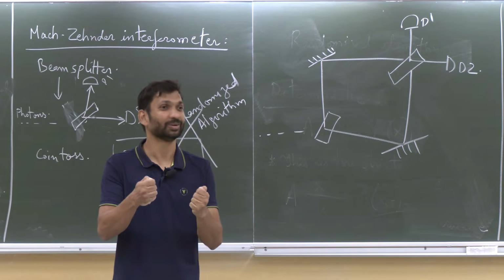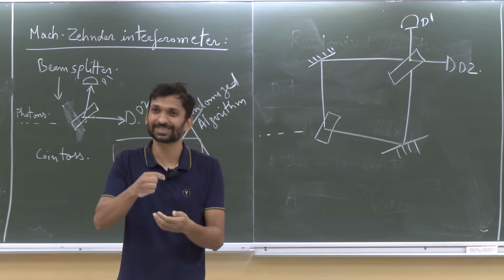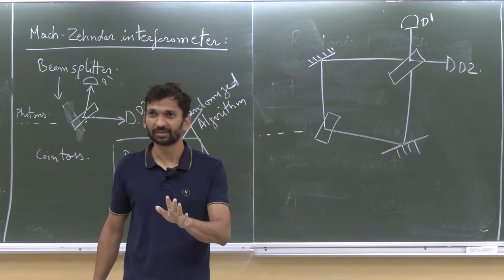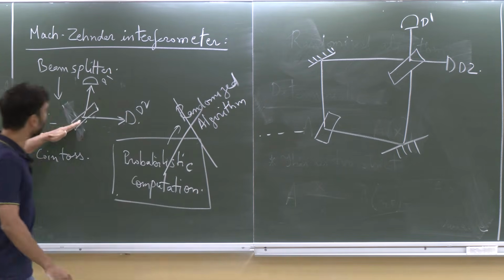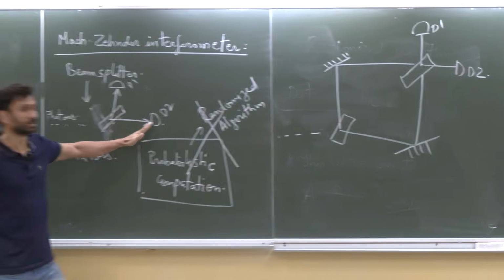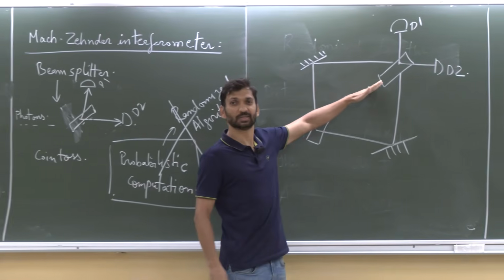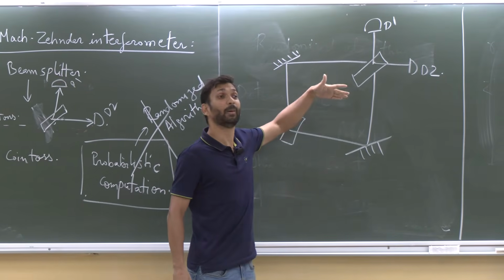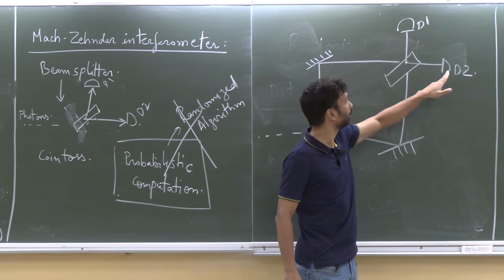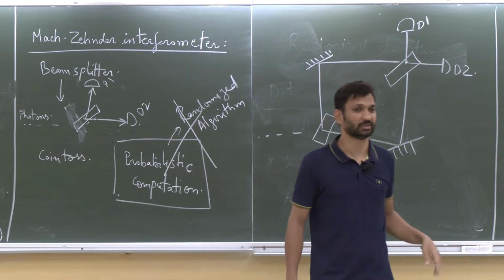Again, don't be an undergrad, don't shout out the answers, take your pen and paper, calculate. The question is clear? If there was just one beam splitter, I see it 50% times here, 50% times here. Now, I have two beam splitters. How many times do I see photons here? How many times do I see the photons here?